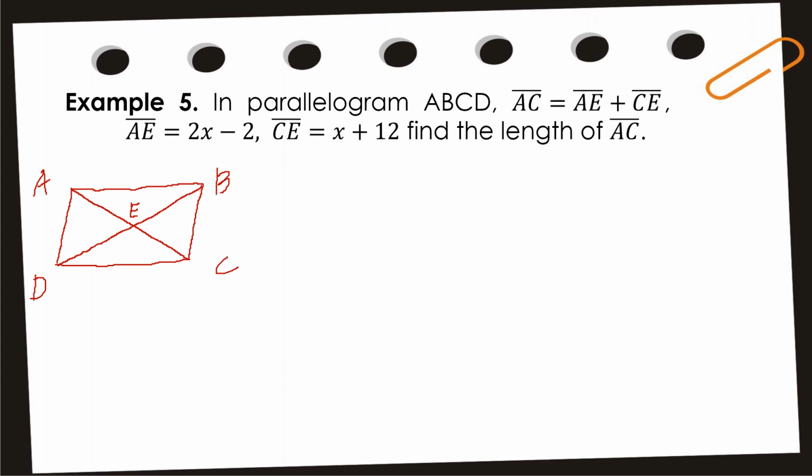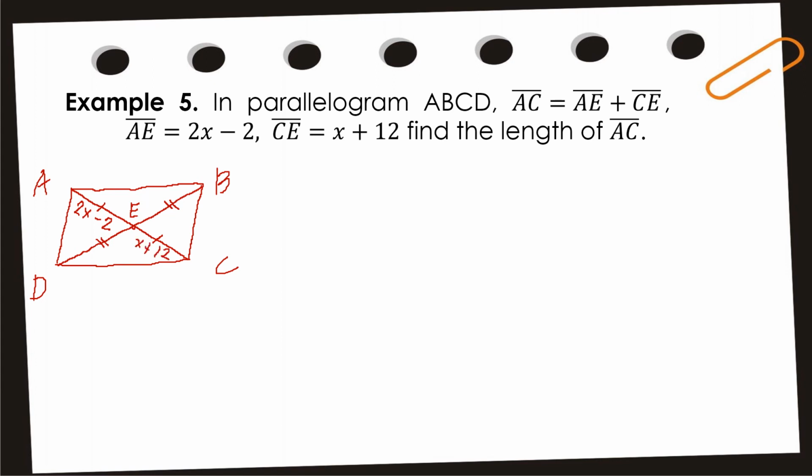So if AC and BD are diagonals of parallelogram ABCD, they bisect each other, which means that AE is congruent to CE and DE is congruent to BE. According to the problem, AE is equal to 2x minus 2 and CE is equal to x plus 12.